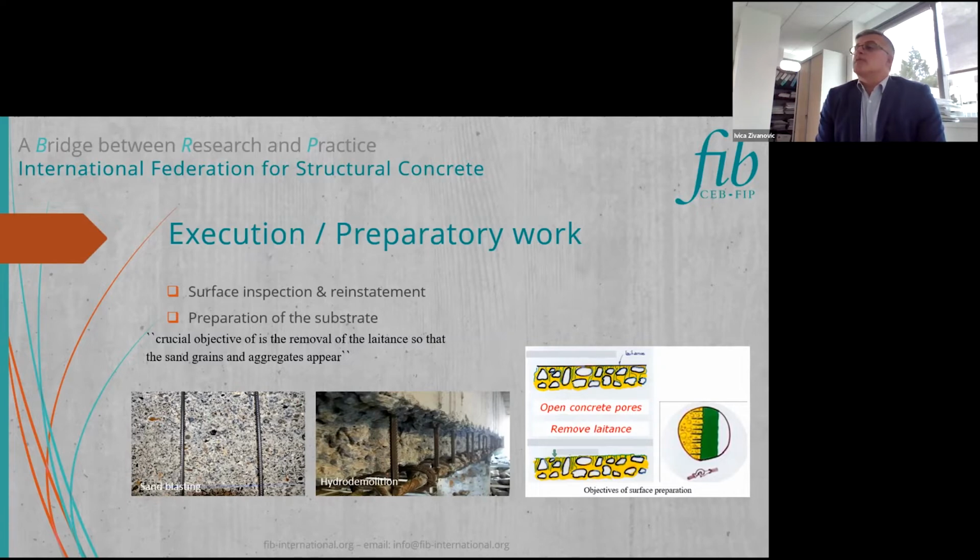A crucial objective is the removal of the laitance so that sand grains on aggregates appear, for example, through sandblasting or hydrodemolition, as we can see on the two pictures.